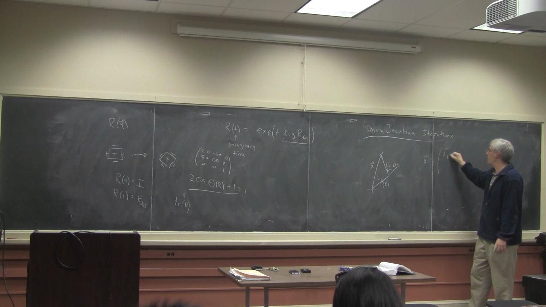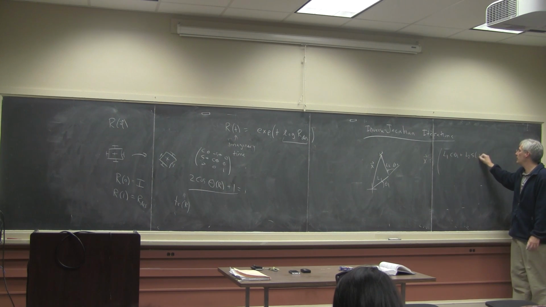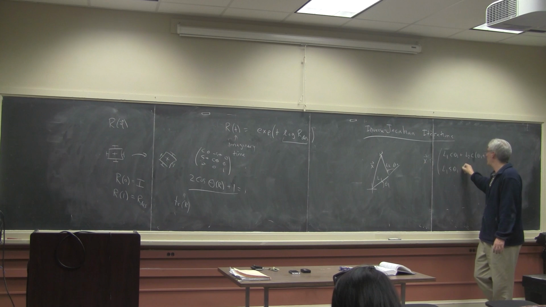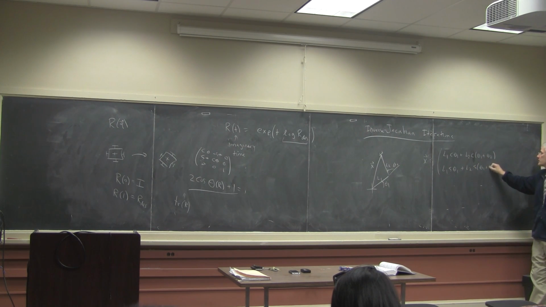So this is L1 cosine theta 1 plus L2 cosine theta 1 plus theta 2, L1 sine theta 1 plus L2 sine theta 1 plus theta 2. That's the forward kinematics.